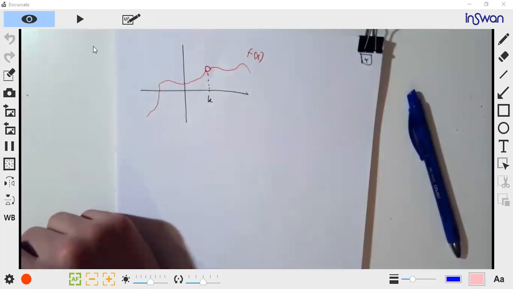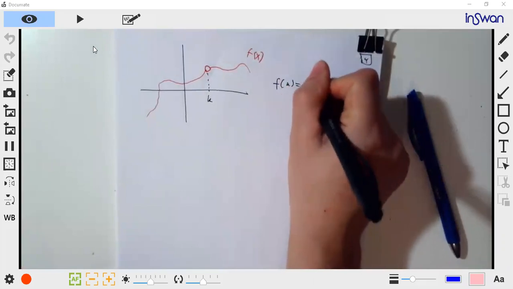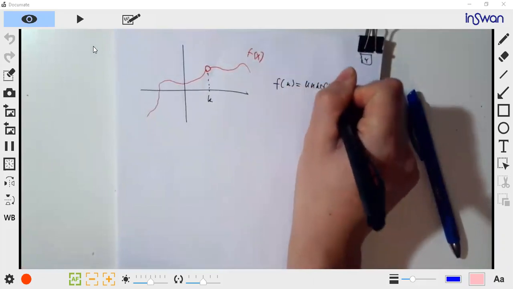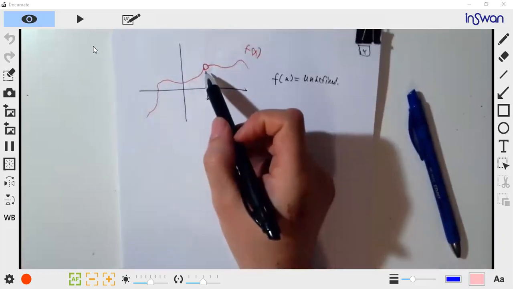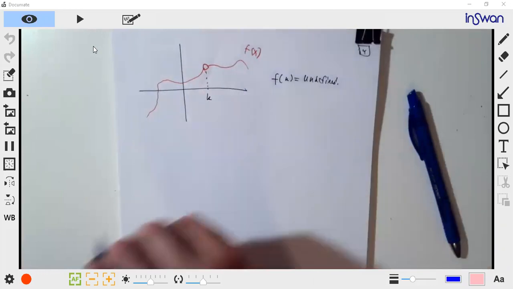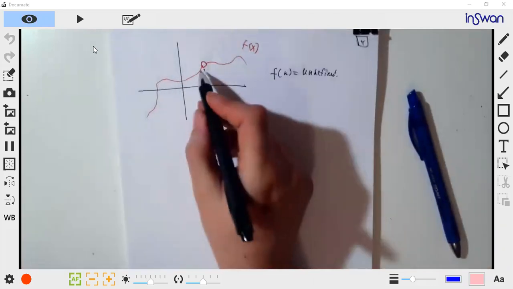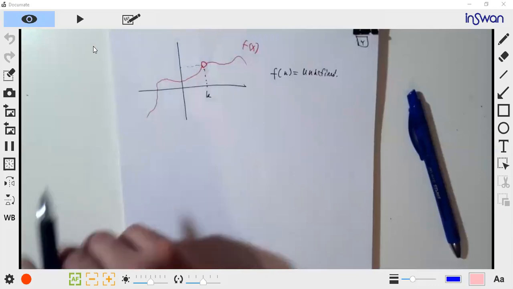Clearly, the function is discontinuous at x equals k, because f of k does not exist. It's undefined. Now, this is a removable discontinuity because we could define f of k to equal the limit as x approaches k.